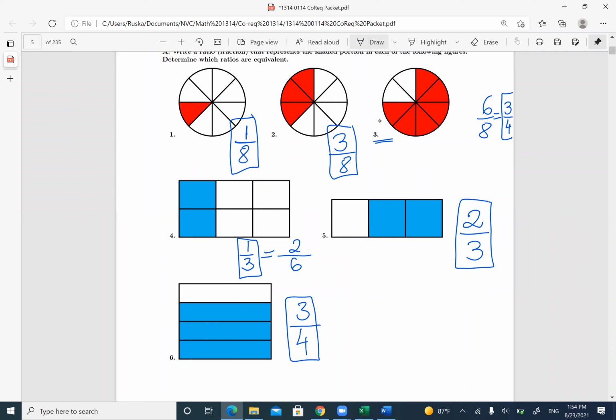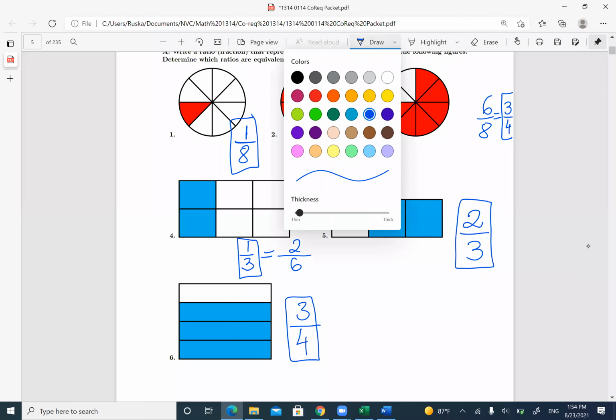Equivalent ratios are when they represent the same amount. So 6 over 8 is the same as 3 over 4. Make sense? Also, 2 over 6 is the same as 1 over 3. That's what equivalent ratio means. And number 3 and number 6 are the same. That's right. Good observation.